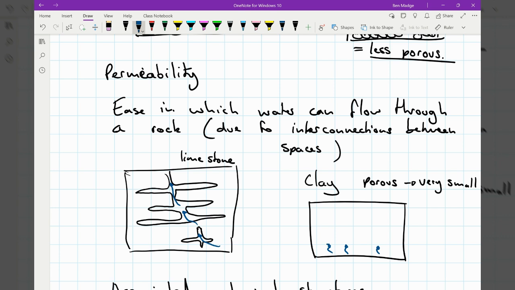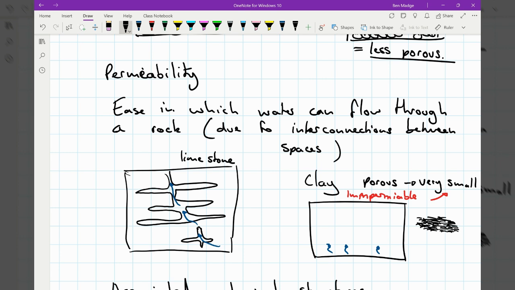So clay is impermeable due to the very small pore sizes. If you look at clay under a very strong microscope, it basically forms plates, which layer up like this. So you don't really get any way for water to get through it.